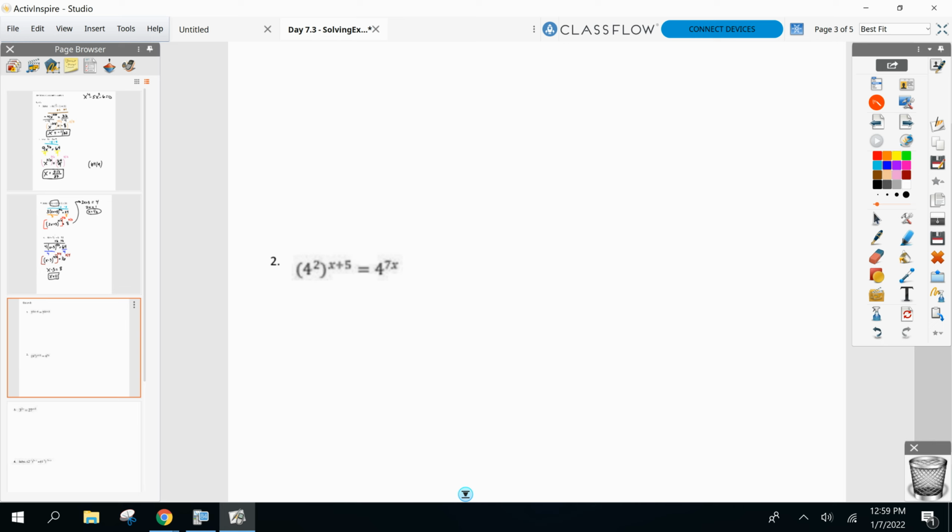So this right here turns into 4 raised to the 2x plus 10. You distribute, multiply them over here. 4 to the 7x. Both bases are the same. You set the exponents equal.